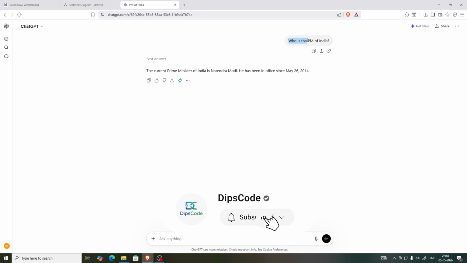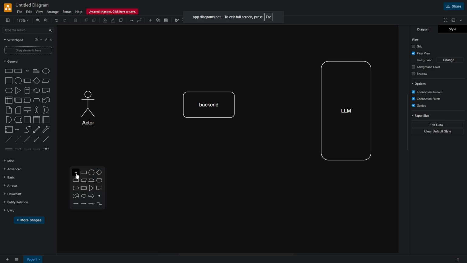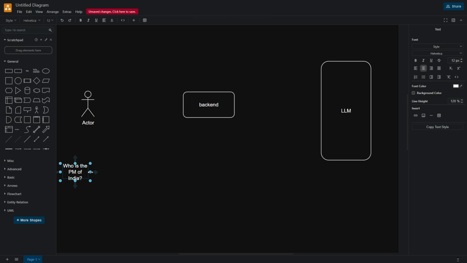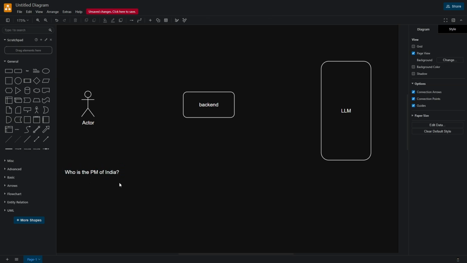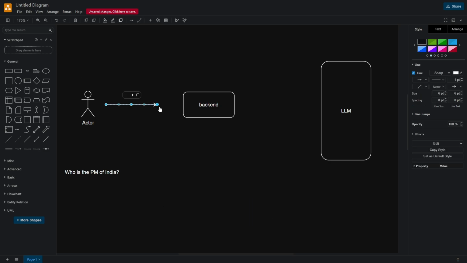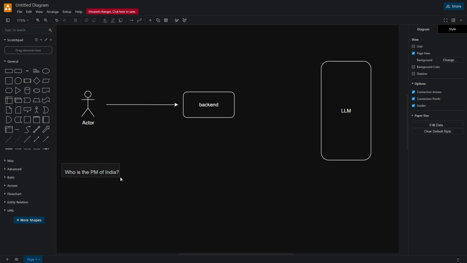So this is the question, right, friends, which we have asked. This is known as a prompt. In terms of GenAI, whatever question you are asking is known as a prompt.